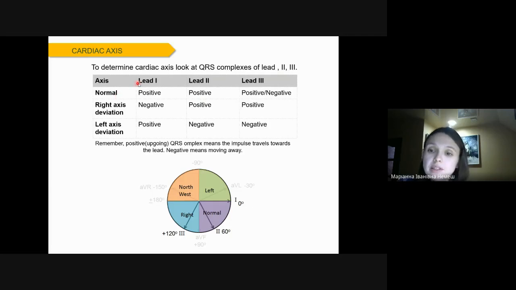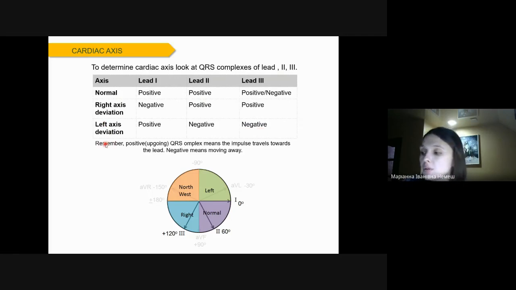If in the first lead the QRS complex is negative, and in the second and the third it is positive, you will talk about the right axis deviation. And in another situation, when you identify a positive QRS complex in the first lead, but negative in the second and the third, you are going to talk about the left axis deviation.